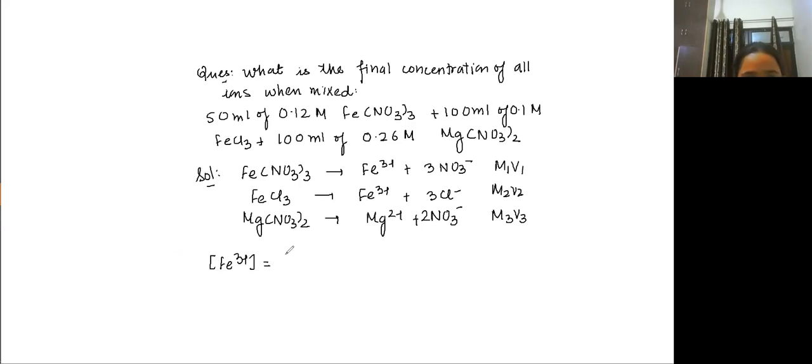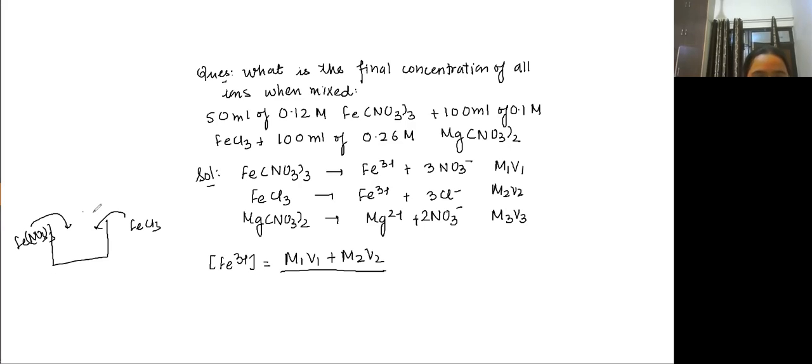So what will be? M1V1 plus M2V2. But what will be the total volume? In a solution, you are adding FeNO3 whole thrice, you are adding FeCl3, you are adding Mg(NO3) whole twice.